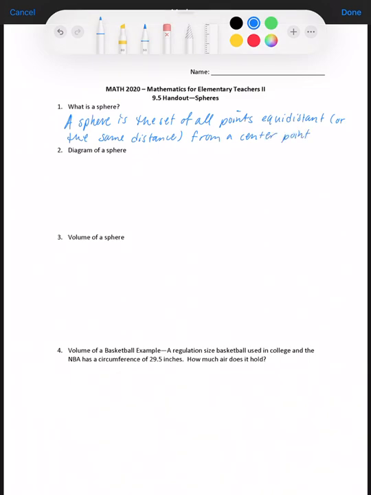Okay. Now the difference between the circle and the sphere is that this is in 3 dimensions. Okay, so in all 3 dimensions, not just the 2.